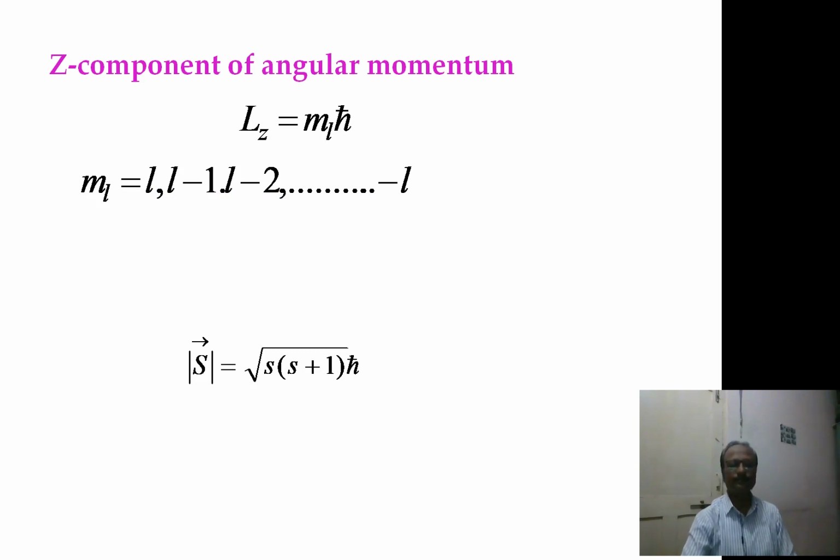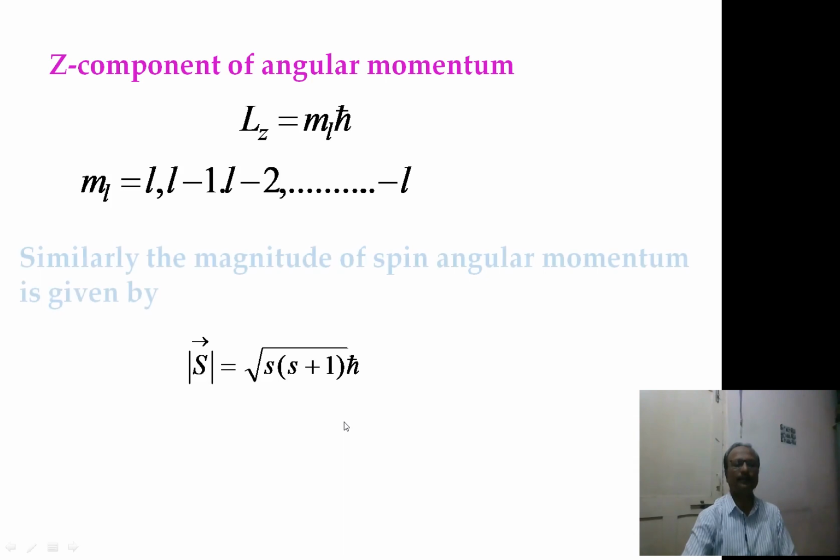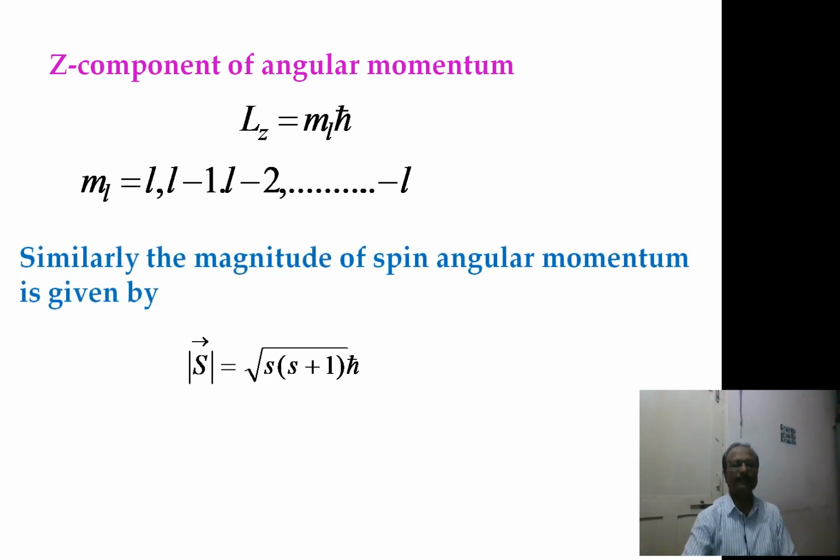Now the magnitude of spin angular momentum vector S can be given as the square root of s multiplied by s plus 1, times h cross, where small s is the spin quantum number having values plus half and minus half. This h cross is outside the square root; keep that in mind.